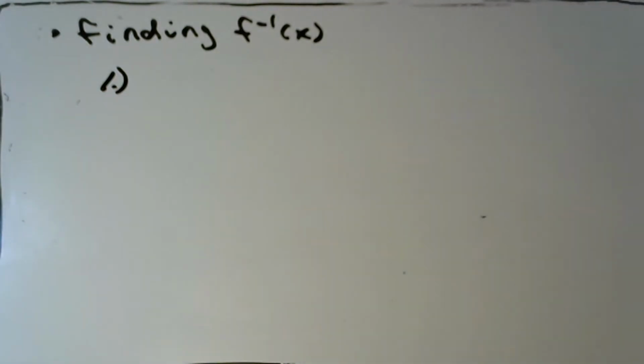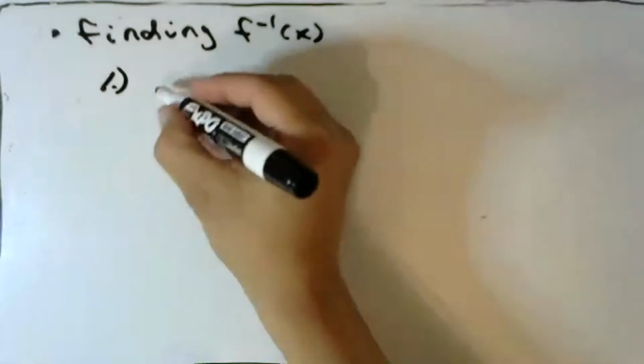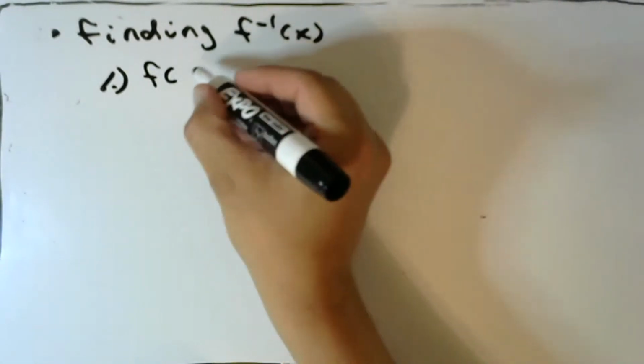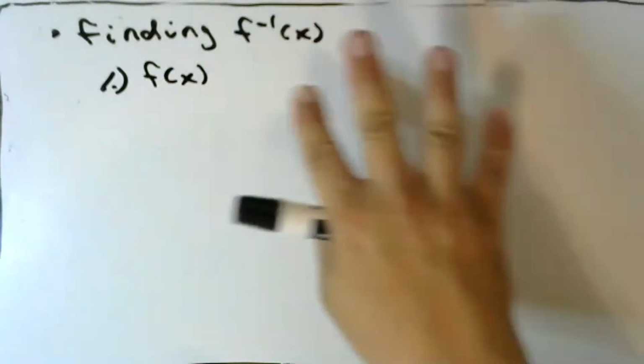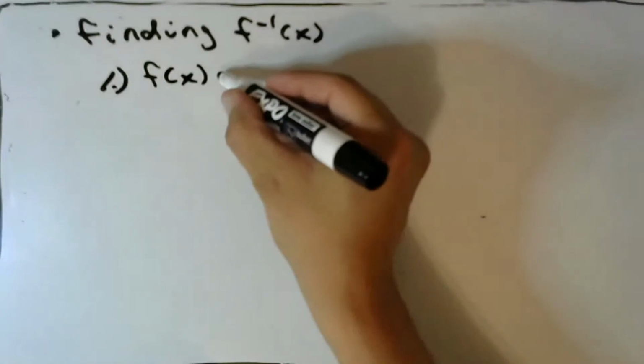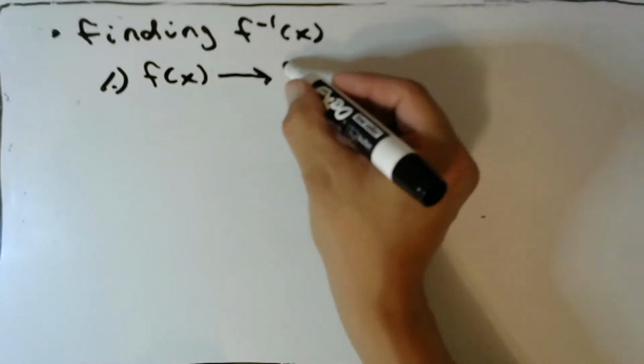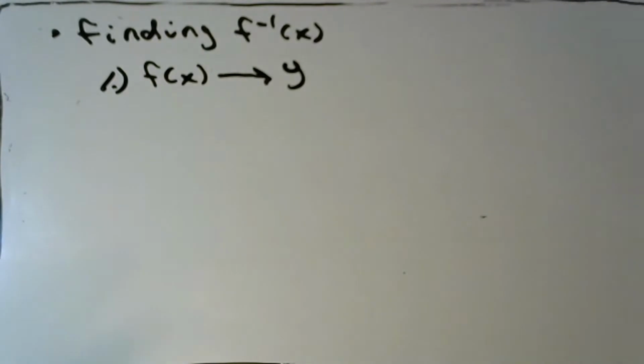So, finding f inverse of x. The first thing we do is we take our f of x. We'll have some function f of x equals something, and we change it to y. This just kind of makes things easier.